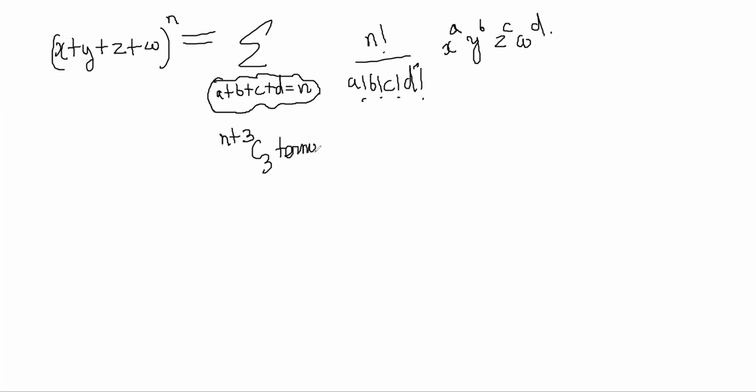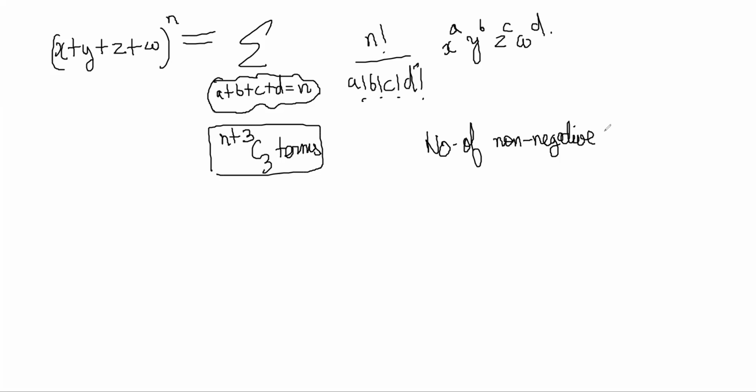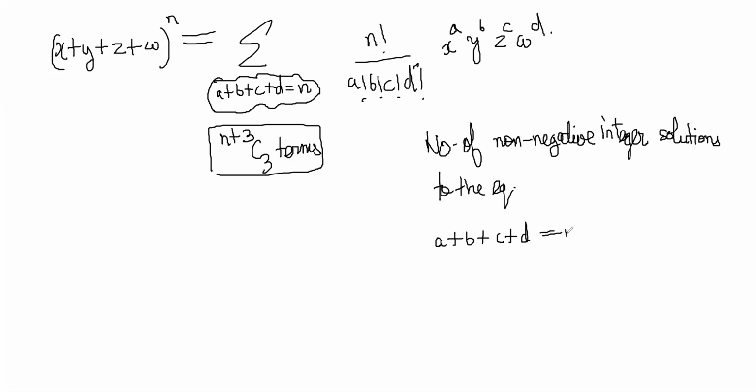What you also realize from here is that the number of non-negative integer solutions to the equation a plus b plus c plus d is equal to n must be what we have seen, how many terms are coming, how many different ways you can add this.